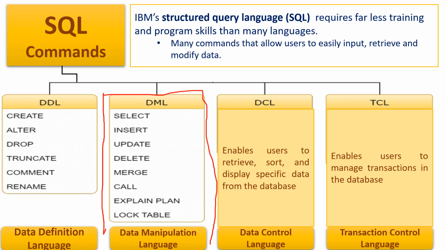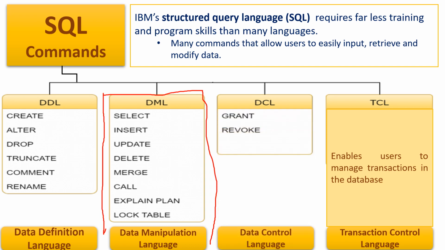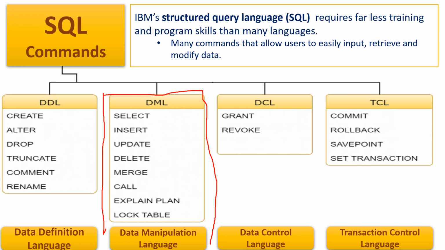Okay, and then for DCL: grant, revoke, to control the manipulation. And then transaction control language: commit, rollback, savepoint, set transaction.